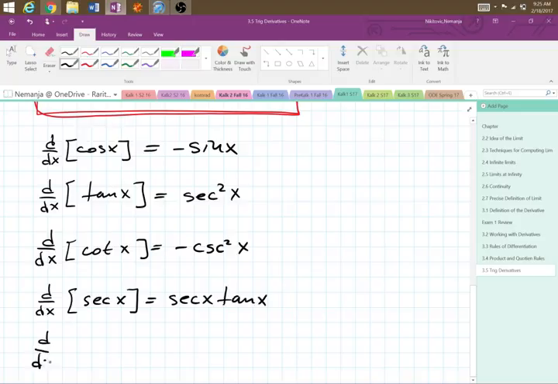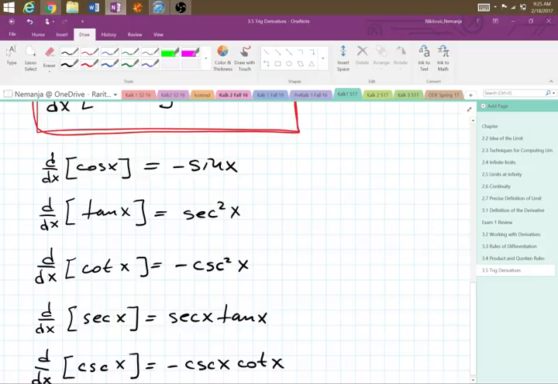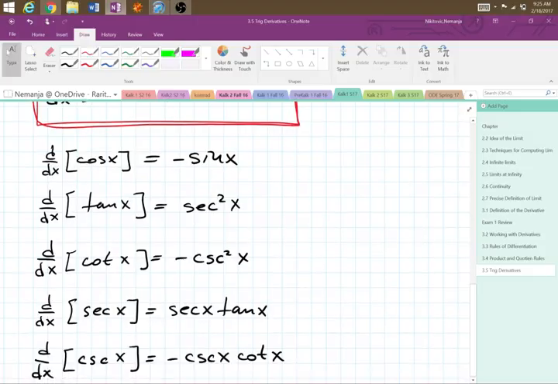And the derivative of cosecant x is negative cosecant x cotangent x. Yeah, I can't fit all 6 of them the way I wrote it, but you can see most of them.